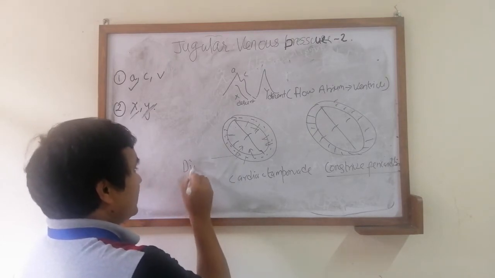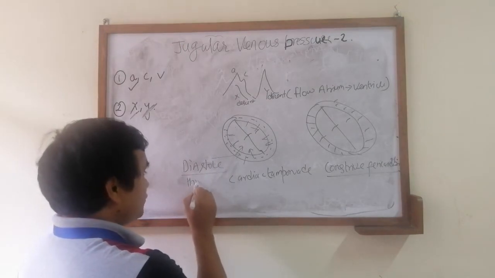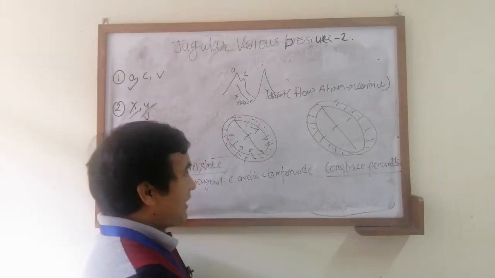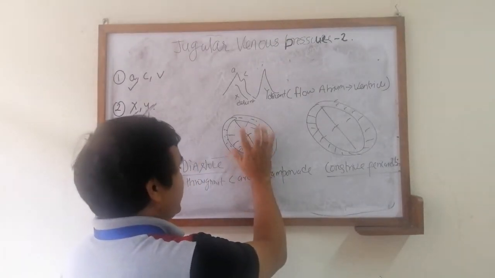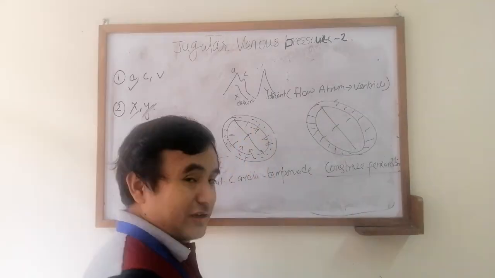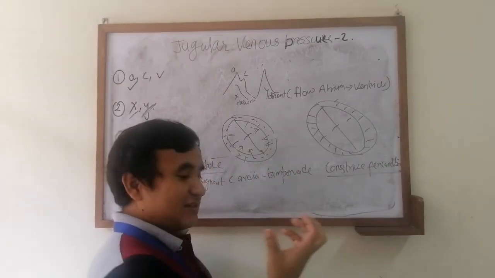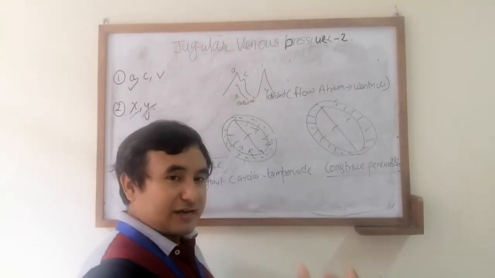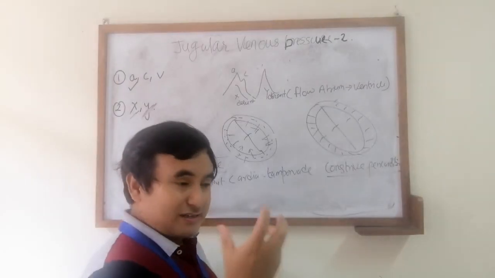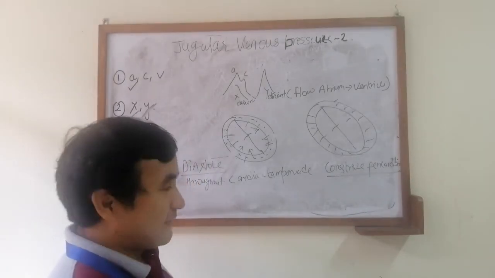You have to remember that, throughout diastole. So in case of cardiac tamponade, it is exerting the positive pressure throughout the diastole, so that the heart cannot relax properly, because at the time of the diastole, if there is positive pressure coming from the pericardium, then it cannot relax properly. That is the main fundamental of cardiac tamponade.